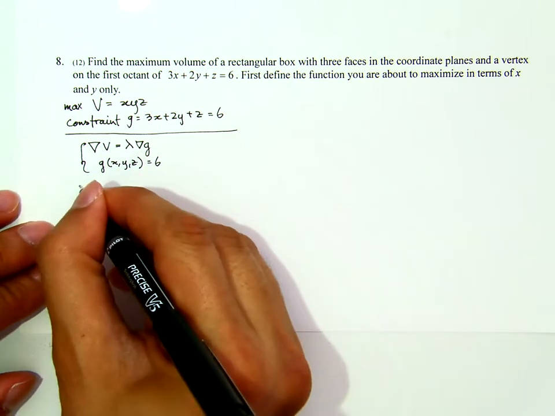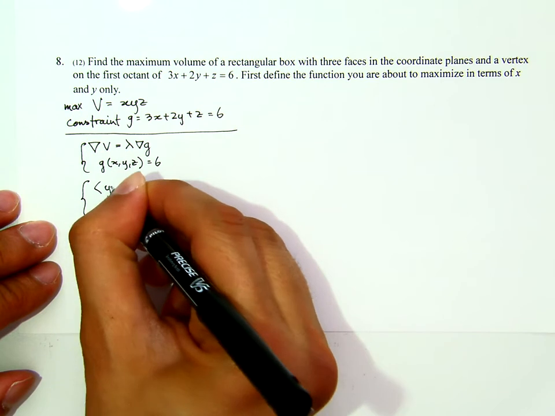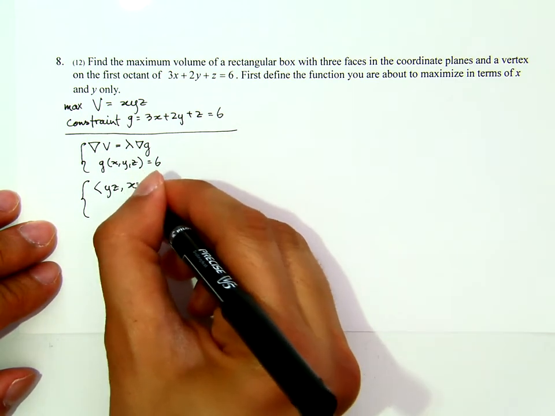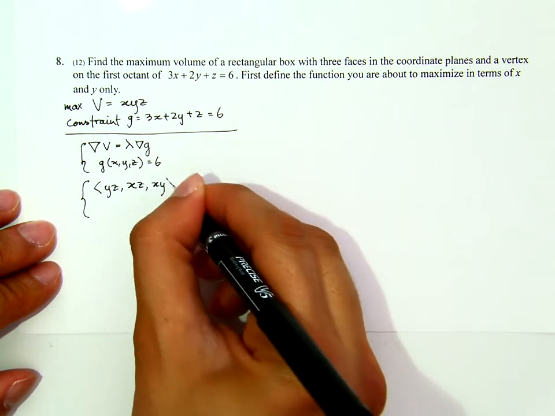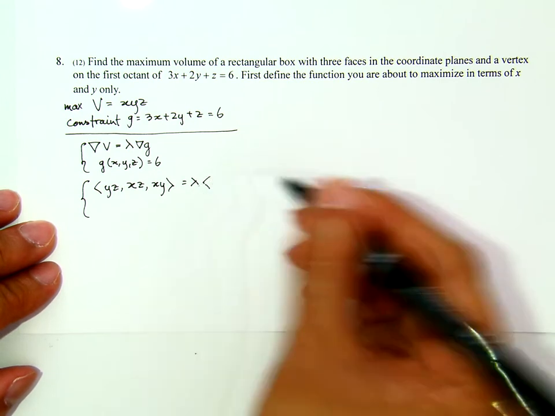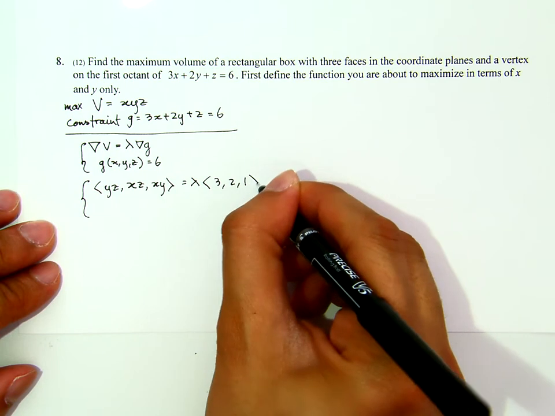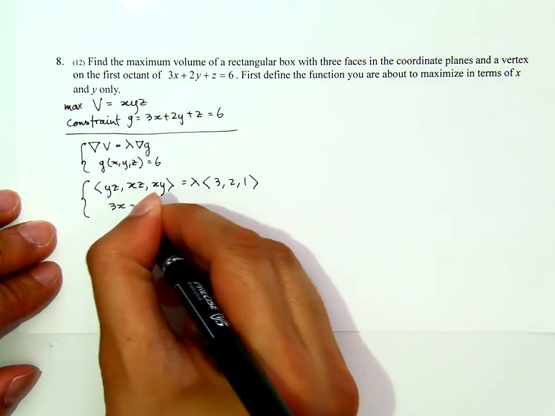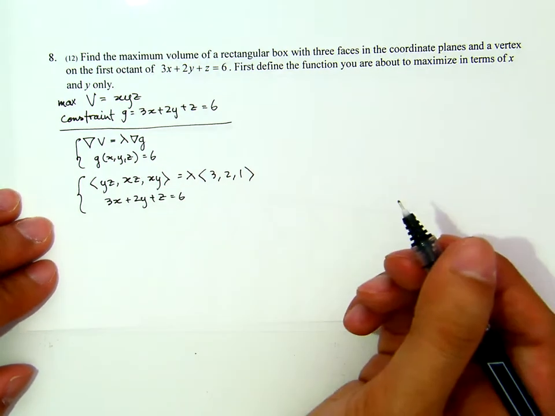Now let's put them in detail. The gradient of V will be (yz, xz, xy), which equals lambda times (3, 2, 1), and at the same time 3x + 2y + z = 6.